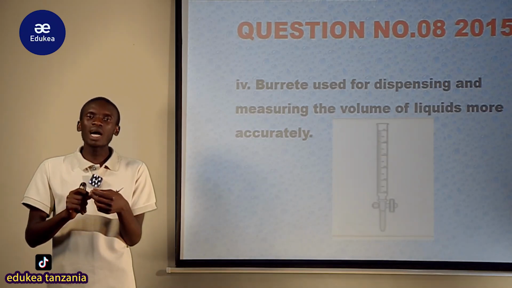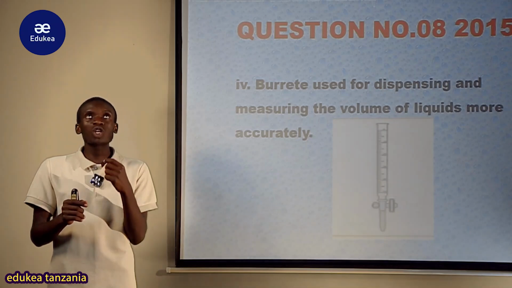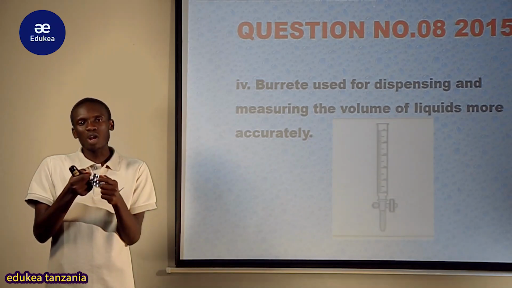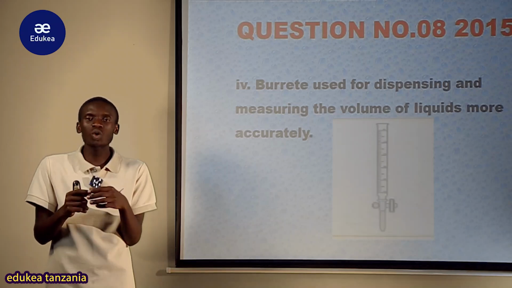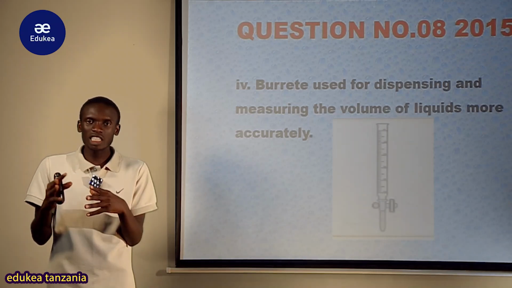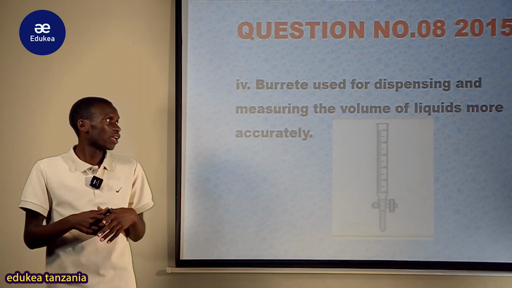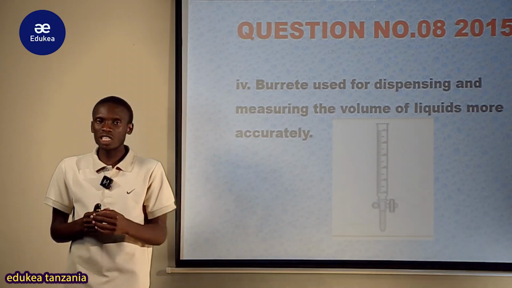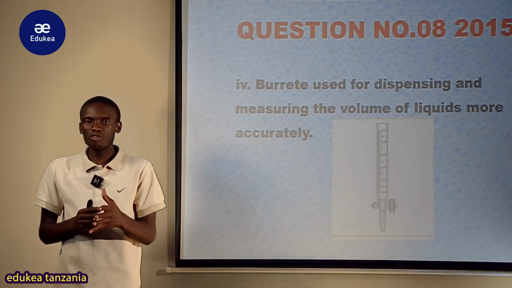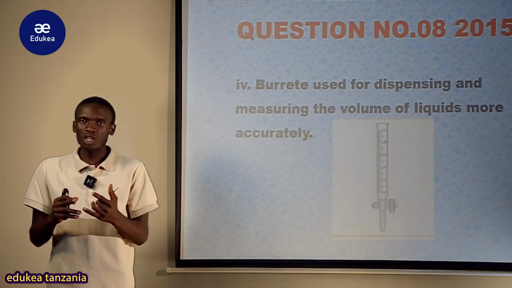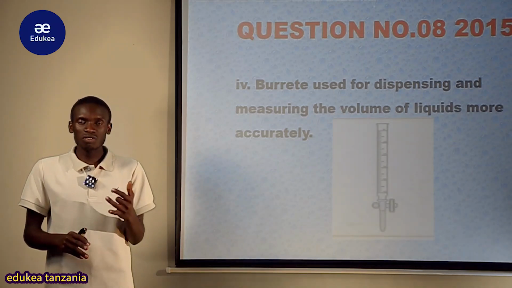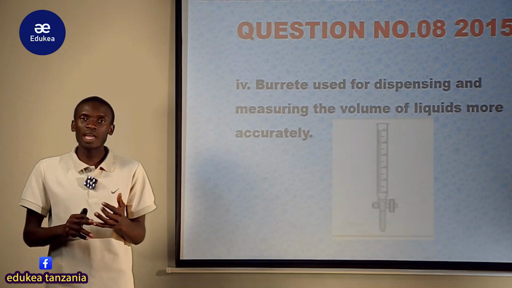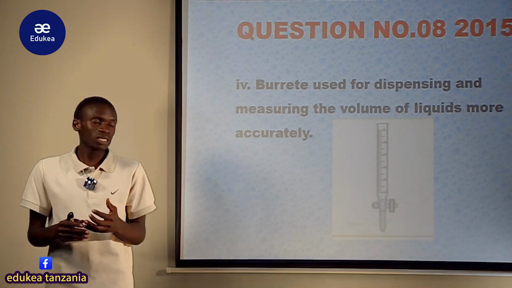Ukitaka kupima volume ya 20, utakuwa unasoma kuanzia kwenye 0, unafungua, ikifika kwenye 20 unafunga, kwa maana ile liquid ambayo imetoka itakuwa 20 centimeter cubic. So that is about burette. And this was the question number 8 of 2015. This was from the topic of laboratory, and we have seen also from the topic of molecular bonding and formulas.